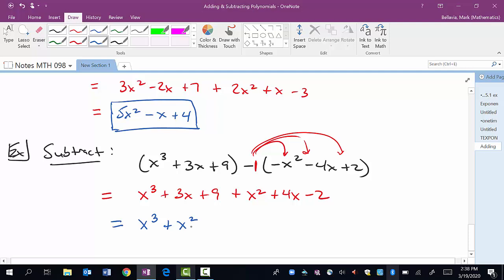Make sure you keep the sign with it. And then the next terms would be x terms, x to the first power. We got positive 3x plus 4x, so that makes us plus 7x. And then we have positive 9 minus 2, which makes this plus 7. At this point, you should check to see if there's any like terms you might have missed, but there are not, because the powers are all different on those variables. So that's it.